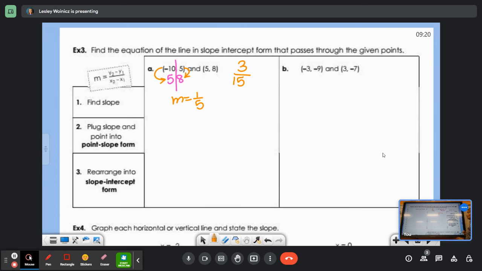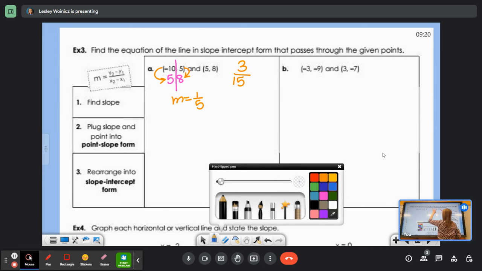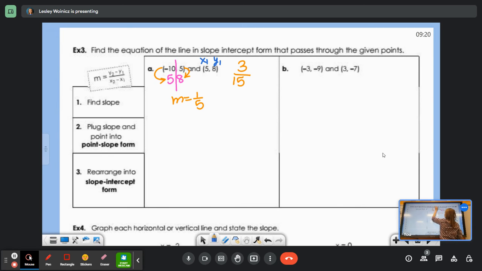Which one do you want to be the x sub 1 and y sub 1? I might pick the 5 and the 8. Yeah. All right, so that's going to be our x sub 1 and y sub 1. Does it matter which one you choose? It doesn't matter which point you pick. So it'll be y minus our y sub 1, which is 8, equals our m of 1/5 times x minus 5.